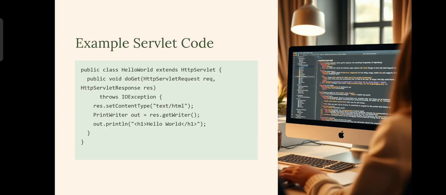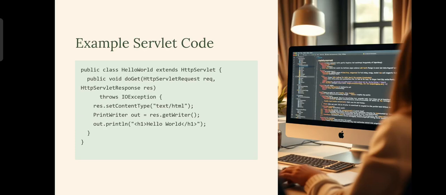So this is a small servlet code example. HelloWorld is a servlet that runs on a web server. It extends HttpServlet so it can handle HTTP requests. The doGet method runs when a browser sends a GET request, like when opening a web page.